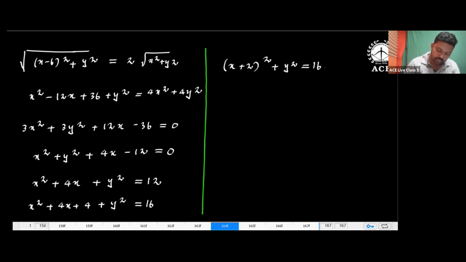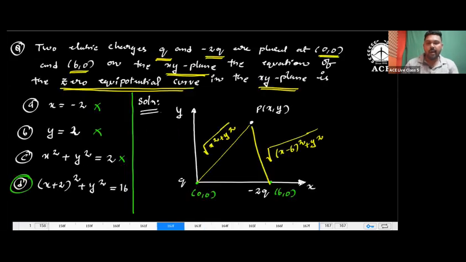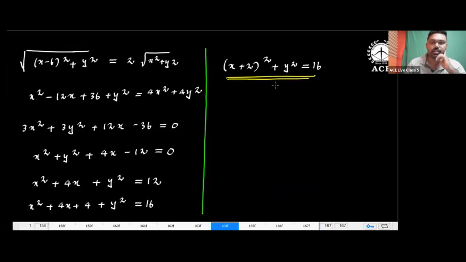That is the thing. Clear, beta? Yes. That means this is giving the circle equation, isn't it? So on this circle of radius 4 meters, center (minus 2, 0), wherever you measure the potential, that will be equal to 0. That is the meaning of that question. Okay, fine.